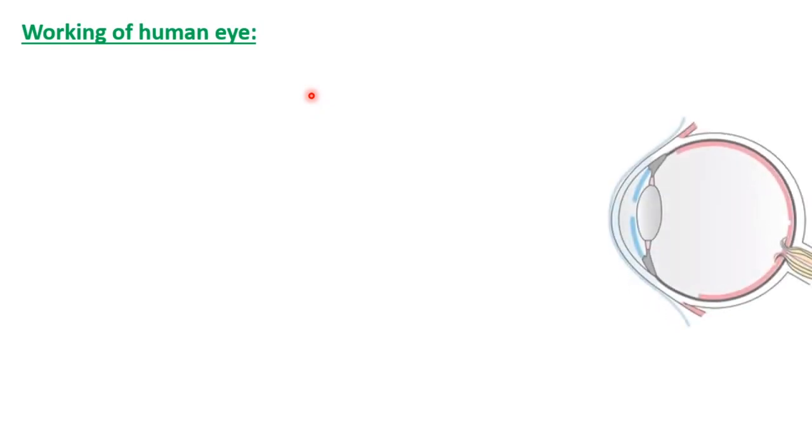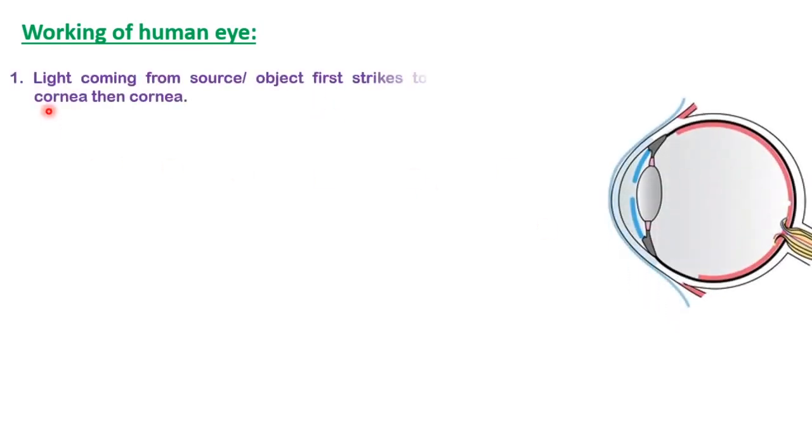Now let us see the working of the human eye. How it works. So this is our eye. First, light coming from the source strikes the cornea. So this is light coming from different positions striking the cornea. What is the work of the cornea?